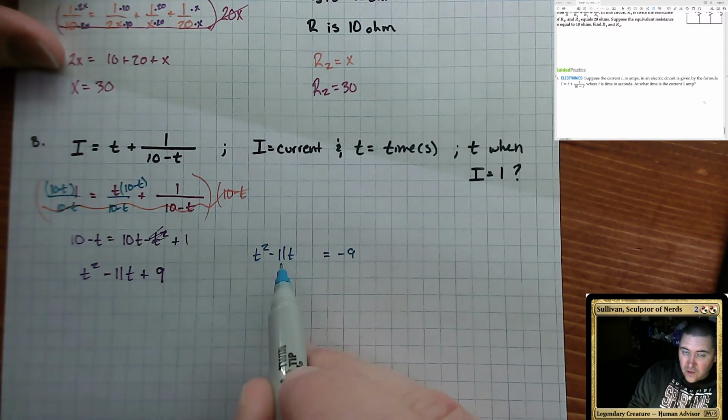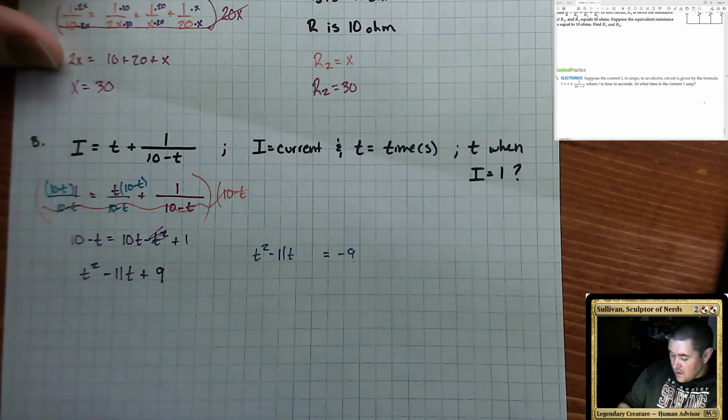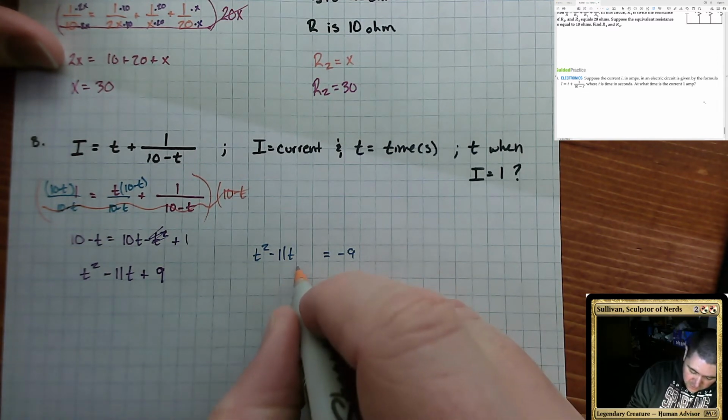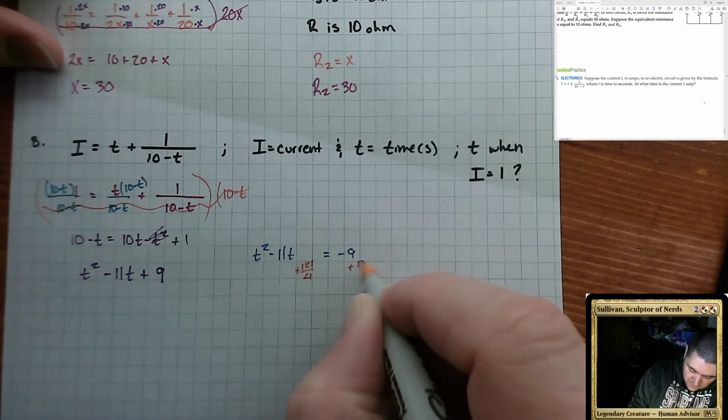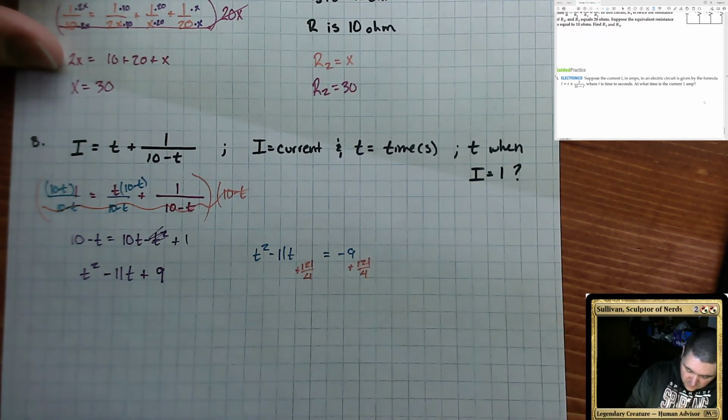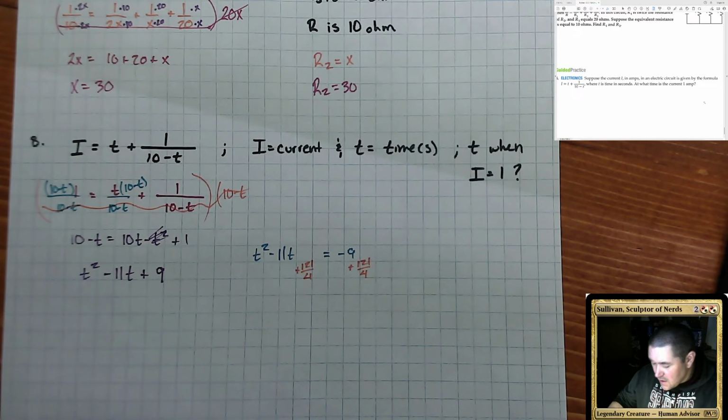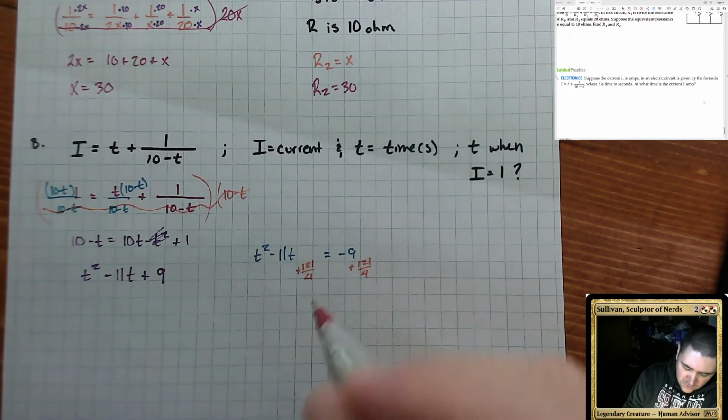Half of negative 11 is negative 11 halves. Negative 11 halves squared is 121/4. You're like, why are you doing this to us? Because it's easier. It really is.